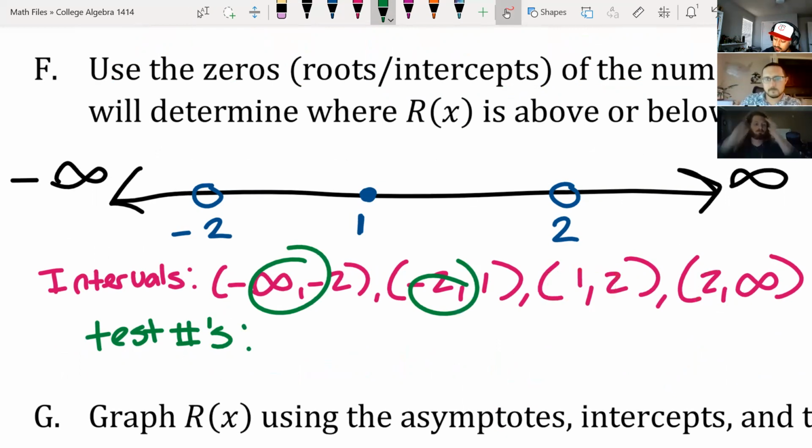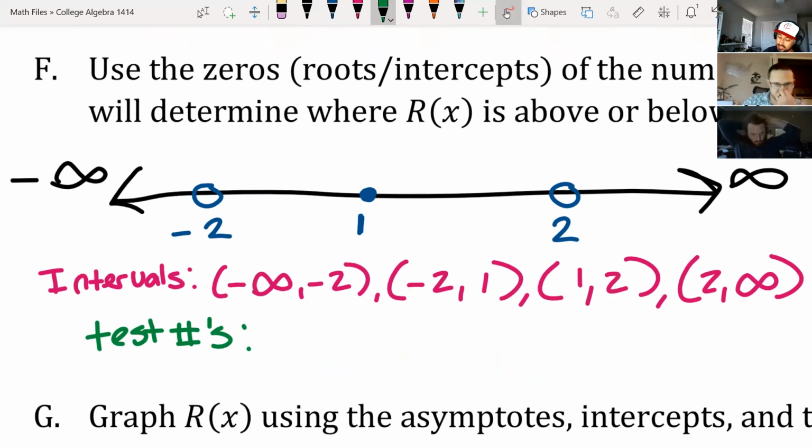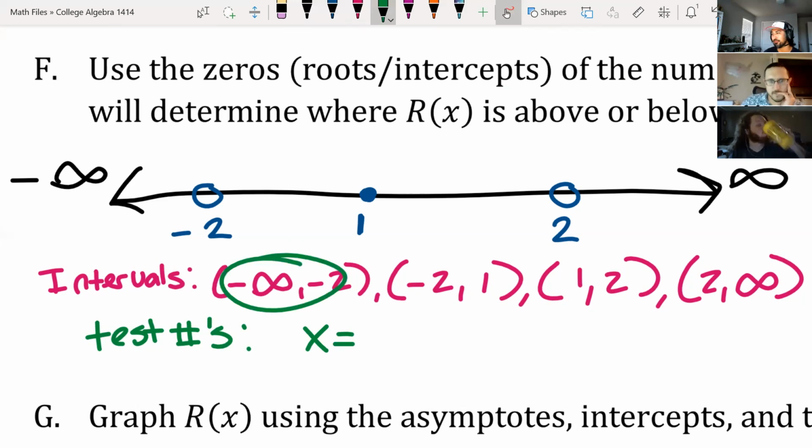Okay, so somebody give me a test number from -infinity to -2. Ethan said -1 in chat.